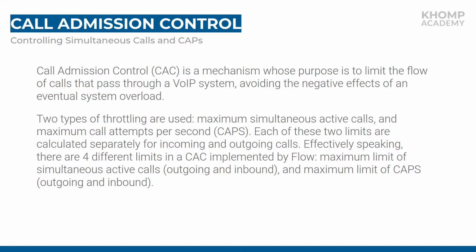So the flow can control this. Some dialers don't have the option to define how many concurrent calls I want to send, how many CAPS, call attempts per second, I'm going to send. Sometimes you have a dialer with an outbound campaign.